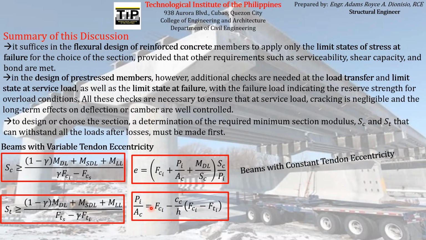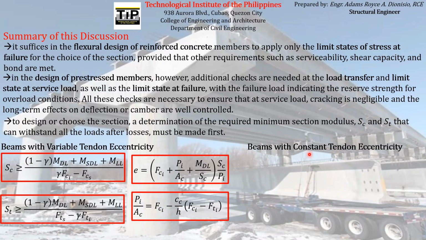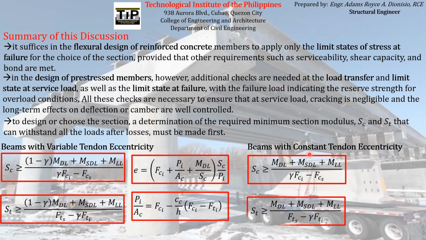And then for the case of beams with constant tendon eccentricity, the section modulus formulas that we can use for designing at service load are this and this. So the maximum eccentricity to ensure that the stresses induced on the concrete element that we are designing will not exceed the allowable stresses specified by the code can be equal to this.